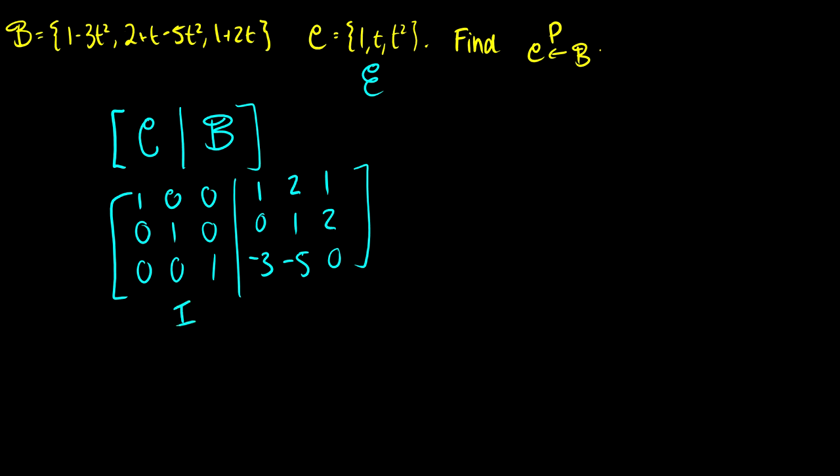We have I, so this must mean that this is P from B to C. So we already have our change of basis matrix, and of course this is, because this is just going to the standard basis. So again, I really want to emphasize that you've already done this.